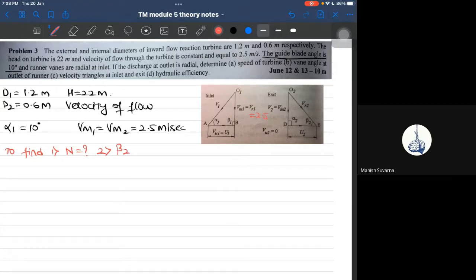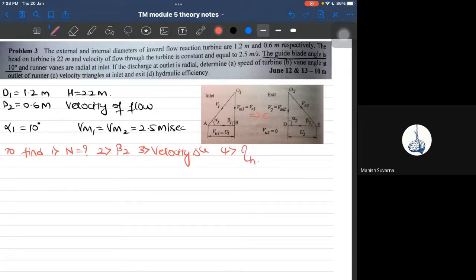Next, third one: velocity triangles at inlet and exit. Already we have drawn velocity triangles. So the third one is the velocity triangles we need to draw. That we will be taking care of. Fourth one is the hydraulic efficiency. So this is the problem given.